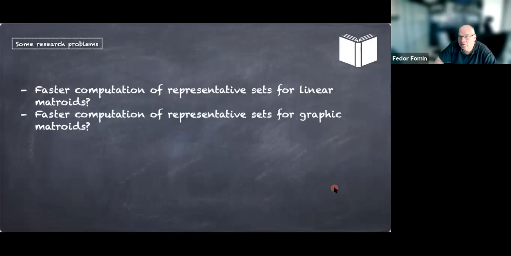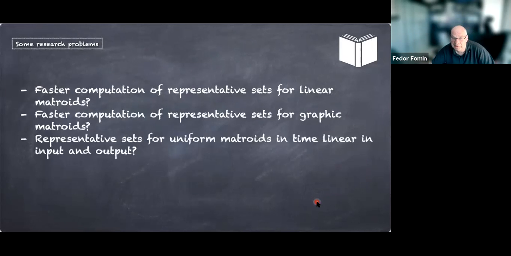Then maybe for some special matroids there will be faster algorithms for computing representative sets. For example, graphic matroids: the elements of the matroid are the edges of the graph, and the sets are independent if they are acyclic, like forests in the graph. Can we compute representative sets faster than with linear matroid computations? I don't know.